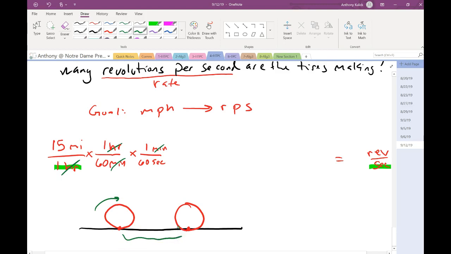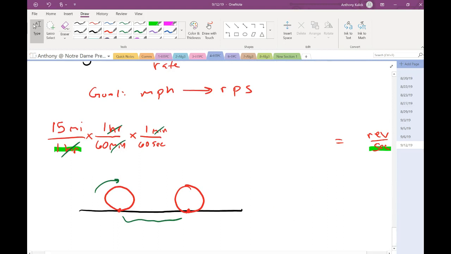Everybody okay with that idea? Does anybody know how far that's going to be? What's that? It's not going to be 18 per se.